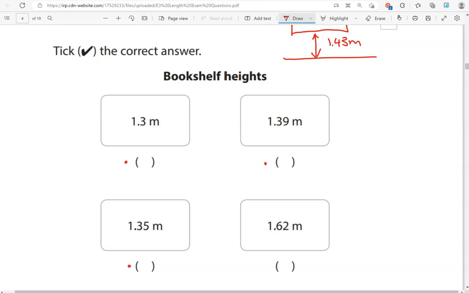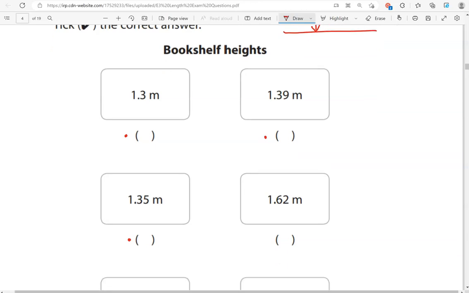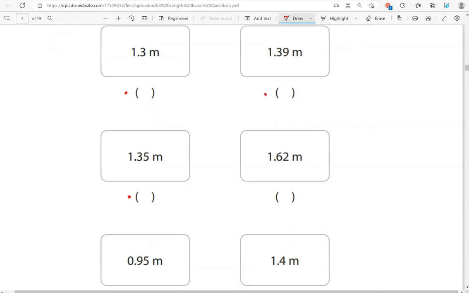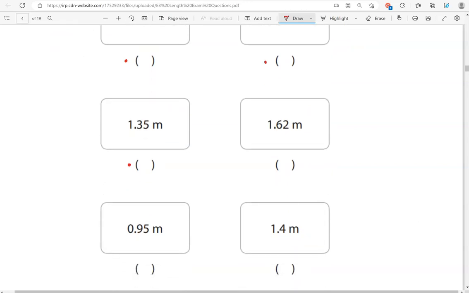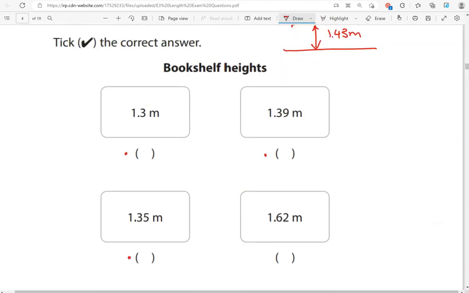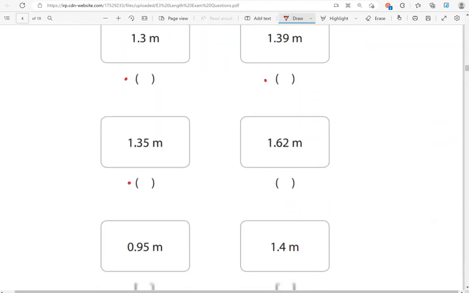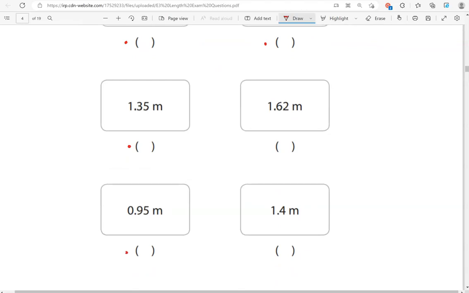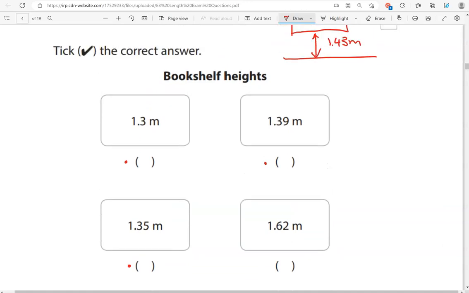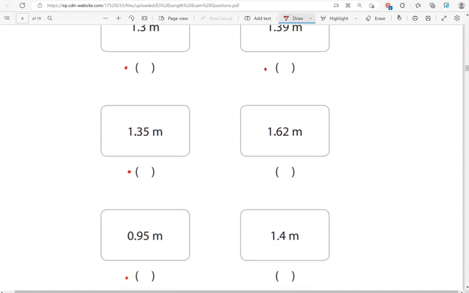So again, that's a possible answer. 1.62 is higher than 1.43, so that's not a possible answer. Then we have 0.95, which is way under 1.43, but it's a possible answer. And then we have 1.4, which is again under 1.43, so that is also a potential answer.